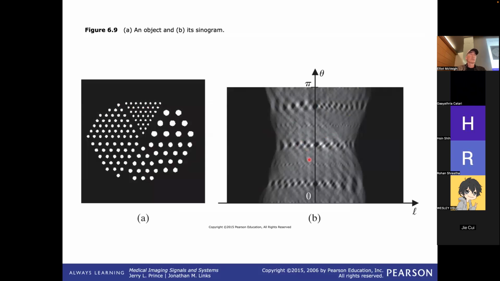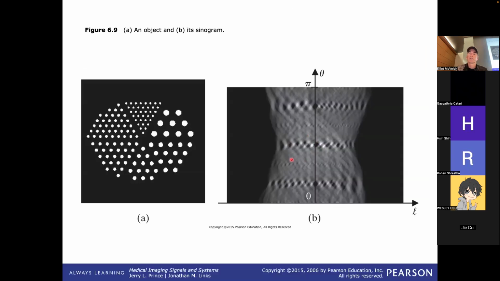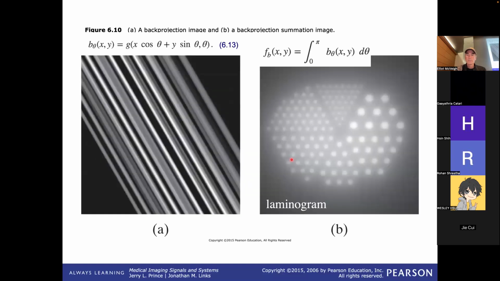As you can imagine, a human being is pretty complicated in terms of the pattern on this side, so the sinogram is much more difficult to interpret than this. But this is the fundamental sinogram. If we do naive back projection, this is called a laminogram. I don't know why they named it laminogram, but that's what it's called. You can just call it naive back projection.